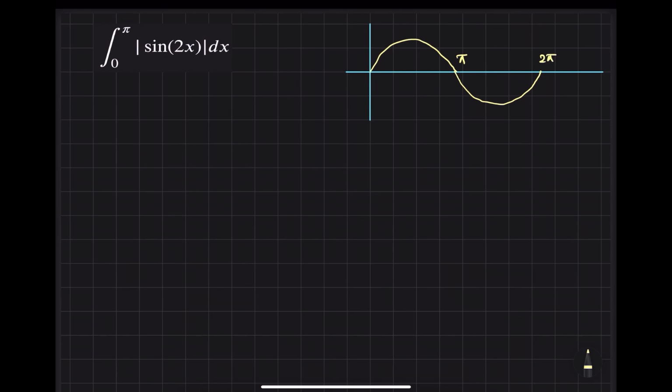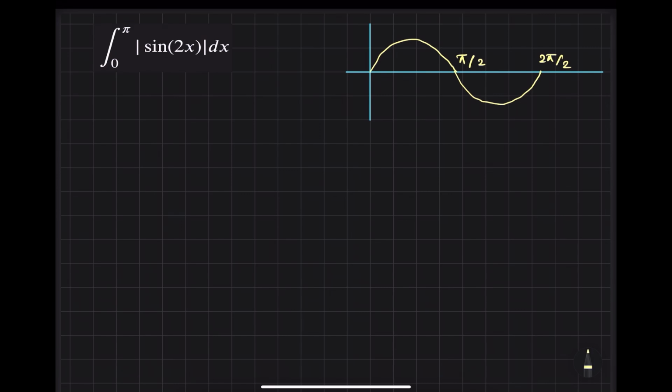Now the replacement is kx, so we have to divide the x-axis by mod k. So we have to divide by 2, and this point will become pi.